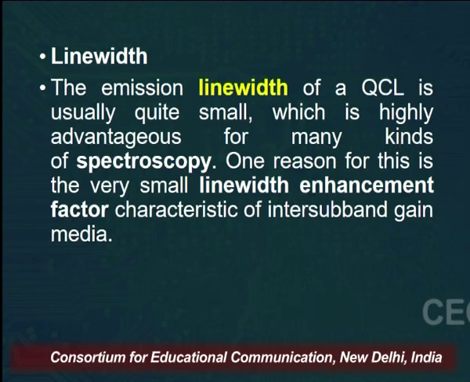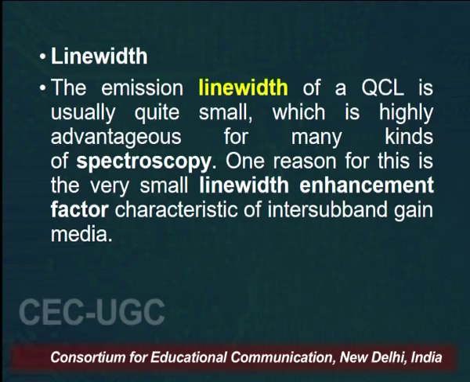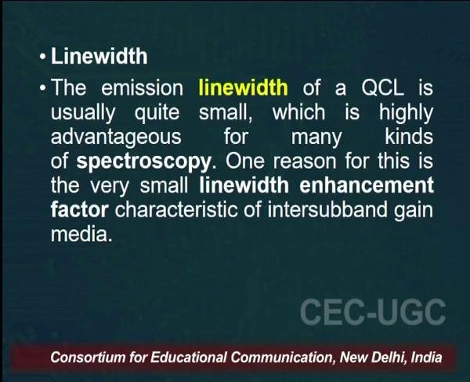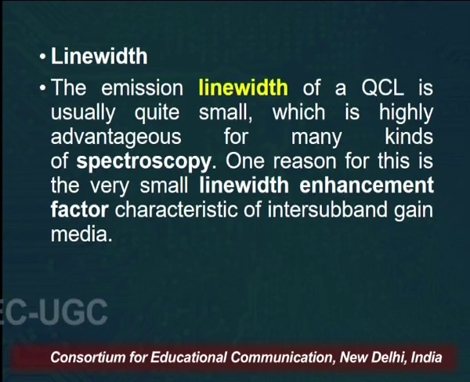The emission line width of the QCL is usually quite small, which is highly advantageous for many kinds of spectroscopy. One reason for this is the very small line width enhancement factor characteristic of the inter-subband gain media.